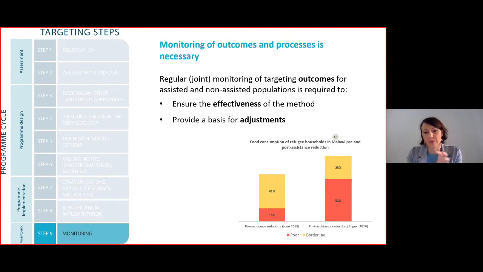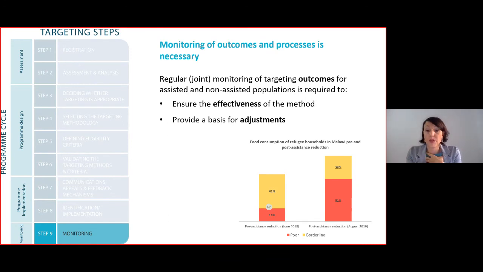Here is a very clear example of monitoring, not really of targeting, but of a reduction of assistance due to resource constraints in Malawi. So we saw specific outcome indicators, in this case food consumption. For households with poor and borderline consumption, the assistance was reduced, and we looked at the results after the assistance was reduced.